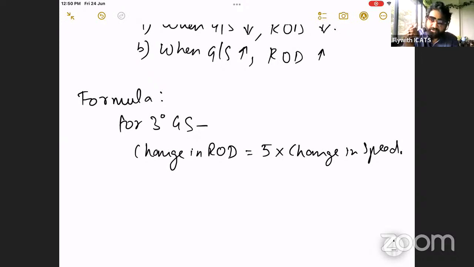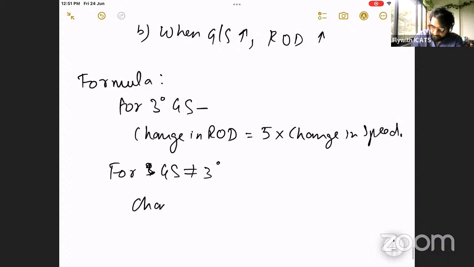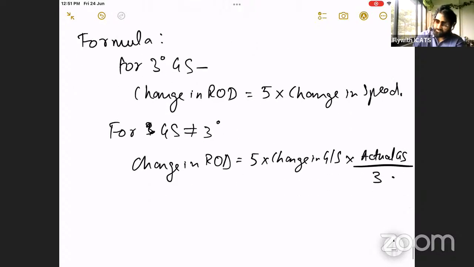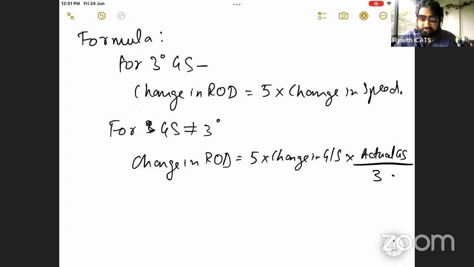If the speed was reduced, you reduce this value from the actual ROD. If speed was increased, you add this value to the actual ROD to get your new value. And for glide slopes not equal to 3 degrees, change in ROD is equal to pi into change in ground speed into actual GS upon 3. This is the formula that you will use.